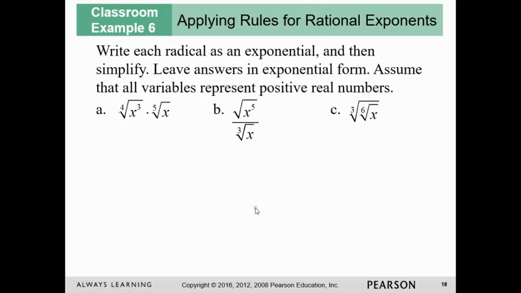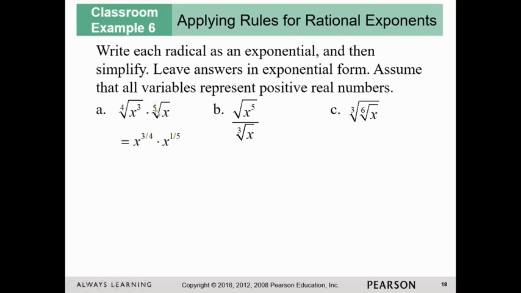Now these are just to help us learn a little bit more about these rules. We're applying the rules for rational exponents. The first thing we do is write the radical as an exponential. Now we've got x to the 3/4, where we put the index of 4 into the denominator.